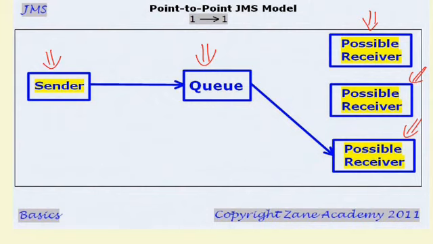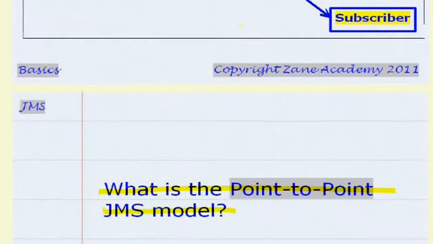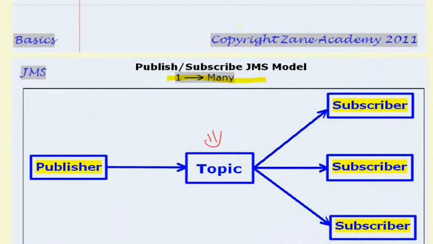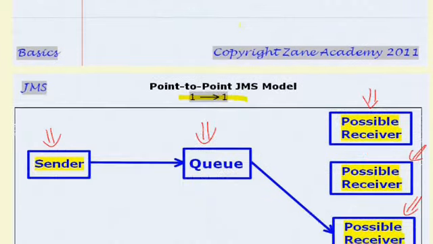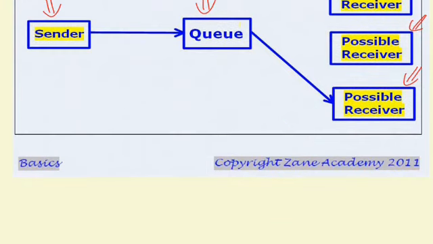If any one of those receivers picks up the message, all the others are not going to get it. So it's a one-to-one model, a point-to-point model. That's the difference between this model and the publish-subscribe model, which is one-to-many. In point-to-point, the message is only going to be consumed by one of the possible receivers, even though we could have many possible receivers.